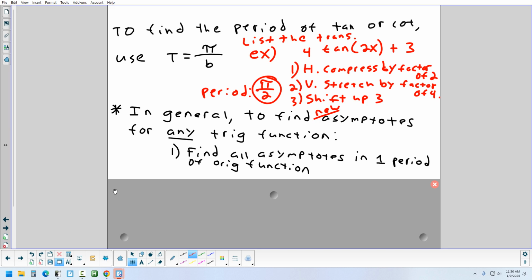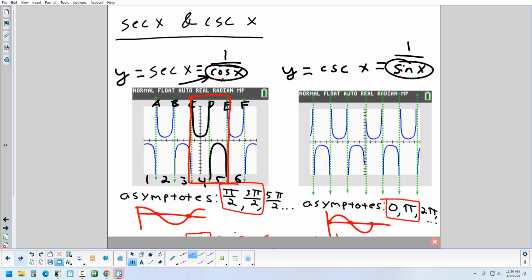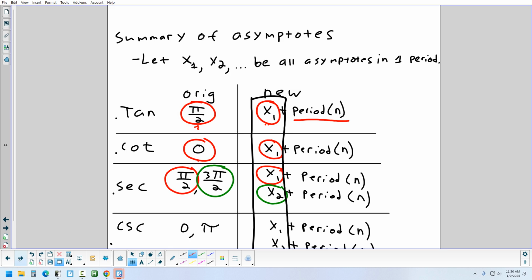You already have that. Step one is already done for you. It's the table I just gave you. You already know all the asymptotes in one cycle of the original. Look at the table. So if we were doing tangent, we would be working with pi over 2. That's the asymptote in the original cycle.